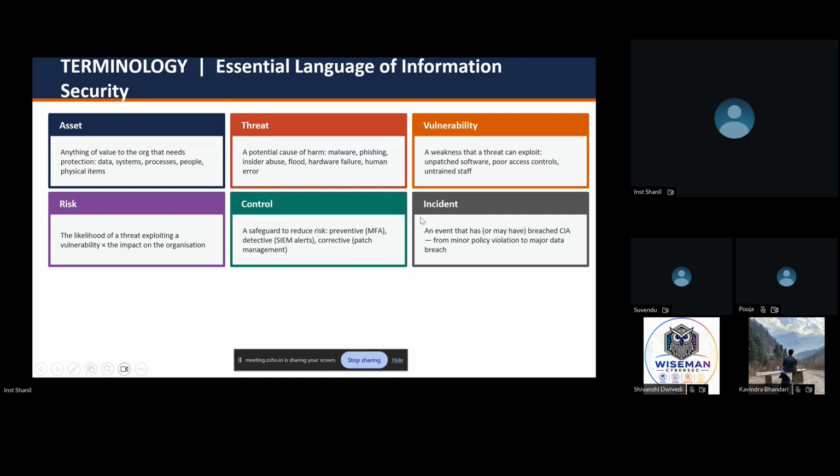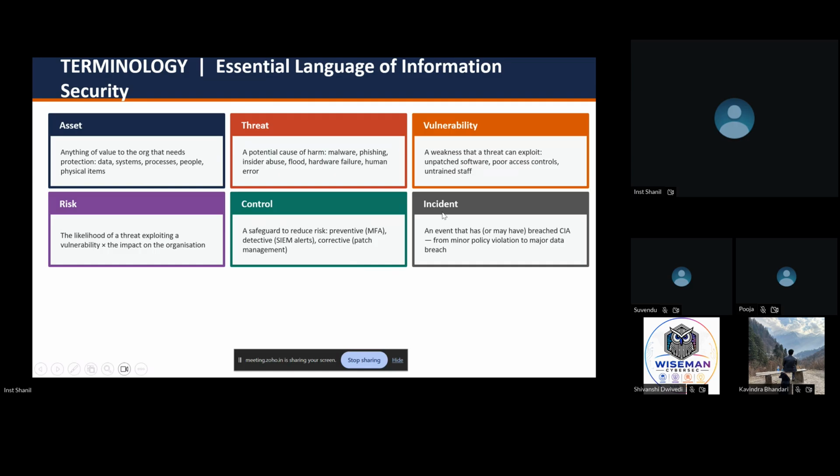Incident. An event that has breached CIA, from minor policy violation to major data breach. So incident is anything bad that has happened. For example, even after placing the controls, or even after being vulnerable or the fear of threat, your house gets robbed.